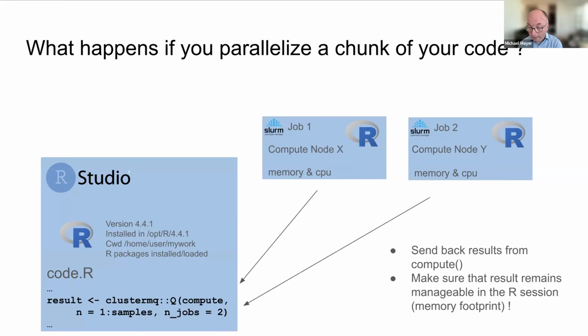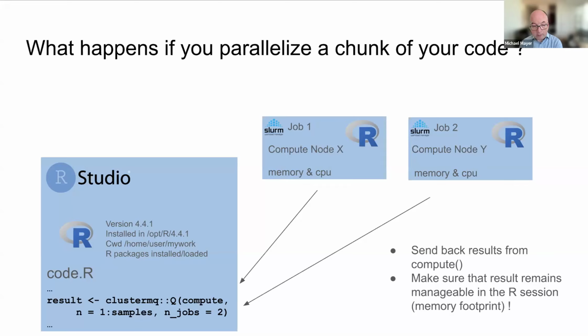Now, one thing that you should be aware of: this parallel computing thing does not come for free. While the individual compute executions in those 2 Slurm jobs will probably not use much memory and CPU in general, let's assume that you have 10,000 samples, and suddenly the result data structure has 10,000 entities of a certain size.